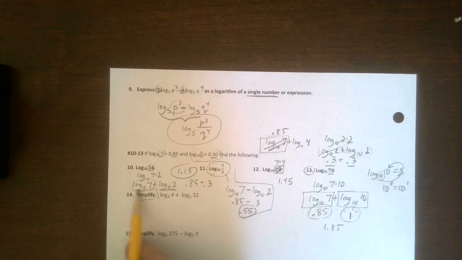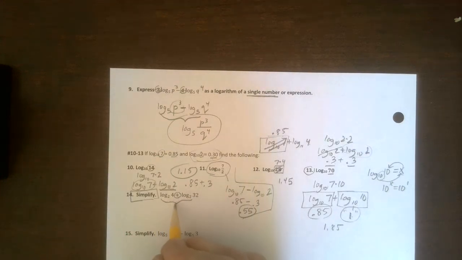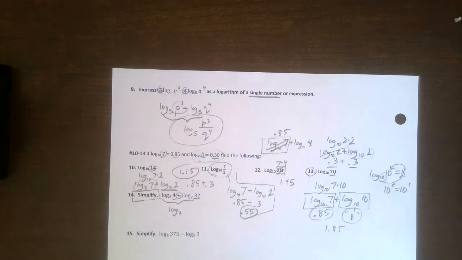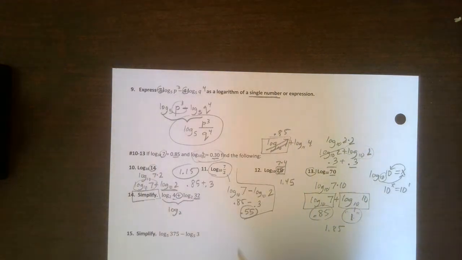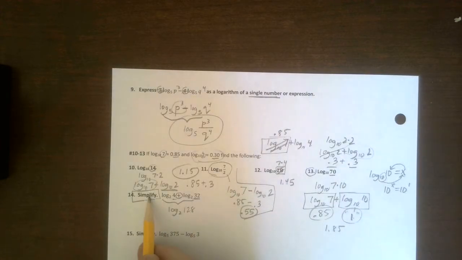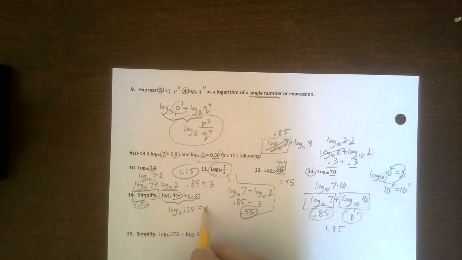Simplify. Be careful with those instructions. The first thing we're going to do is use our rules. Addition, we're going to use the marriage rule. Addition means multiplication, so we're going to multiply 4 times 32. That's 128. But the problem says simplify, which we remember really means solve. Solve for what? The x.